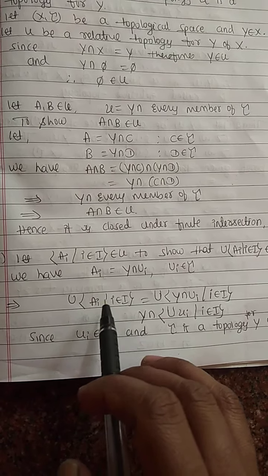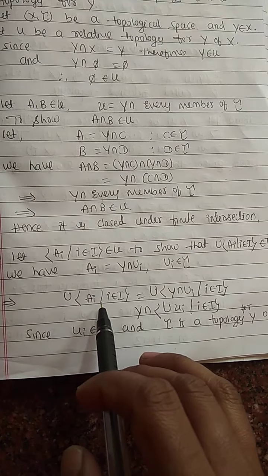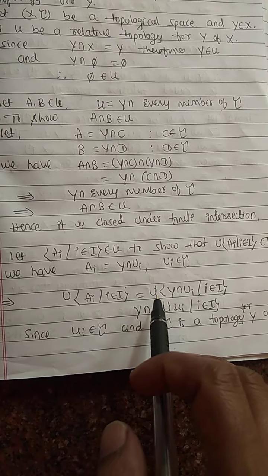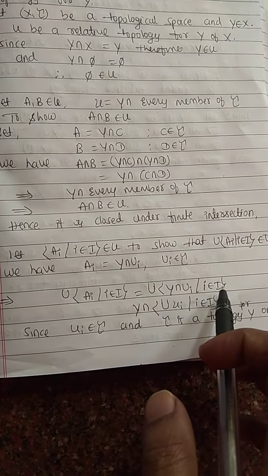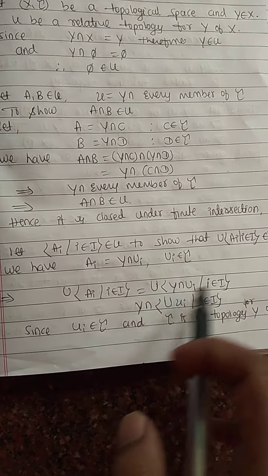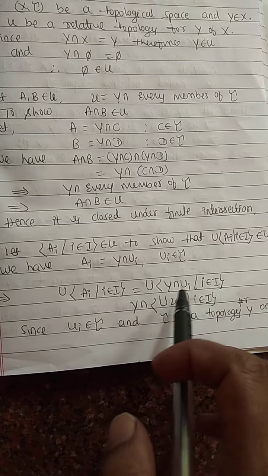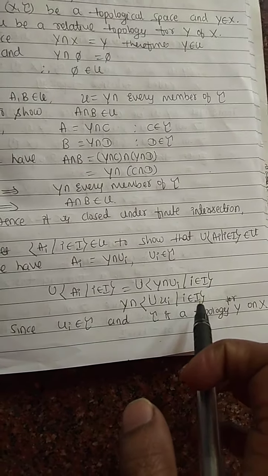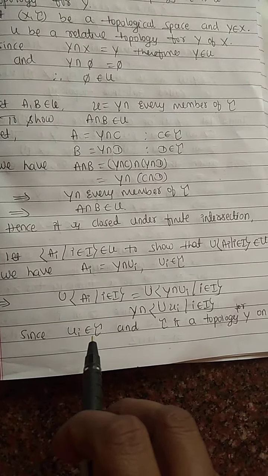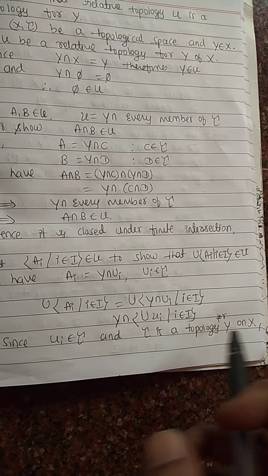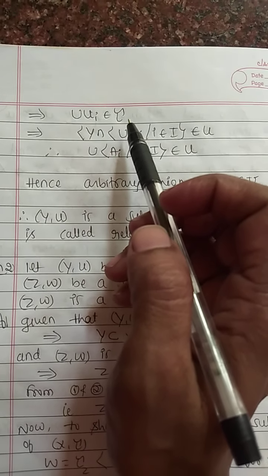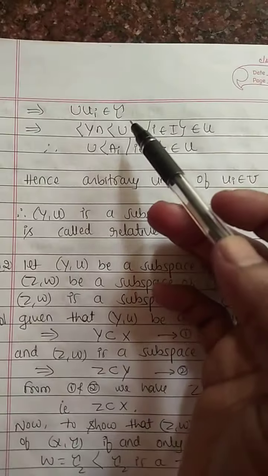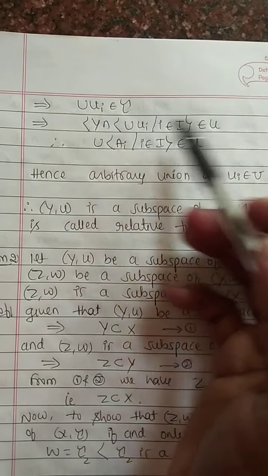The union of the collection of A_i, i belongs to I, equals the union of Y intersection U_i, i belongs to I. This can be written as Y intersection the union of U_i, i belongs to I. Since U_i belongs to tau and tau is a topology on X, the union of U_i belongs to tau, because an arbitrary union of members of tau is also a member of tau.